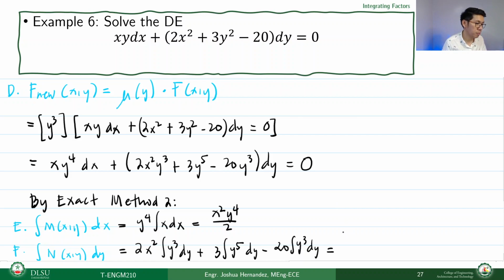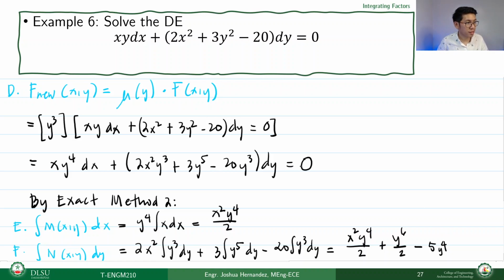This will give us x squared y to the fourth all over 2 plus y to the 6 over 2, since 3 over 6 is 1/2, minus 20 divided by 4 is 5, so 5y raised to 4.